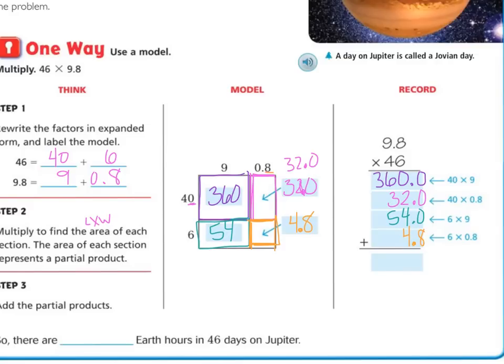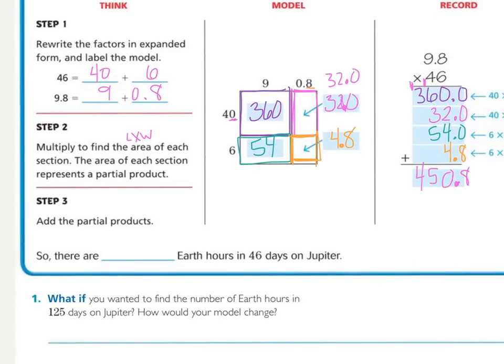And then I add all of those up, and you should get the answer of 450 and 8 tenths. And so that answers our question. It is 450 and 8 tenths Earth hours in 46 days on Jupiter.